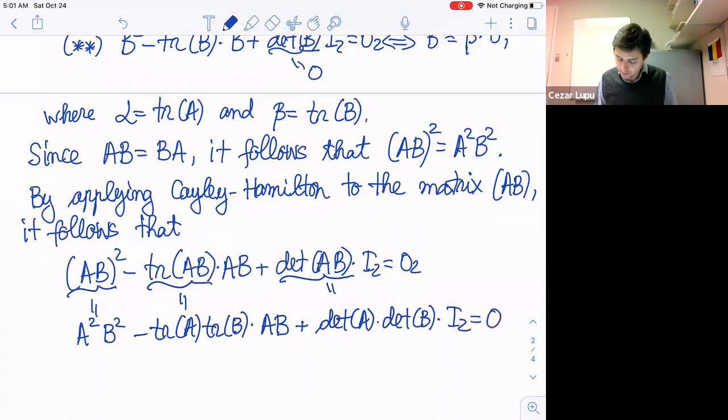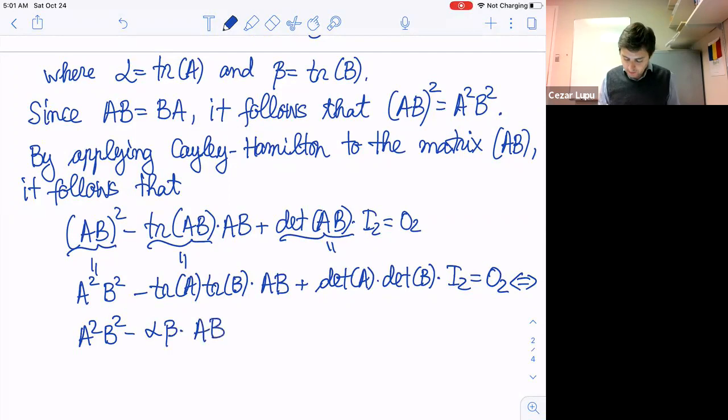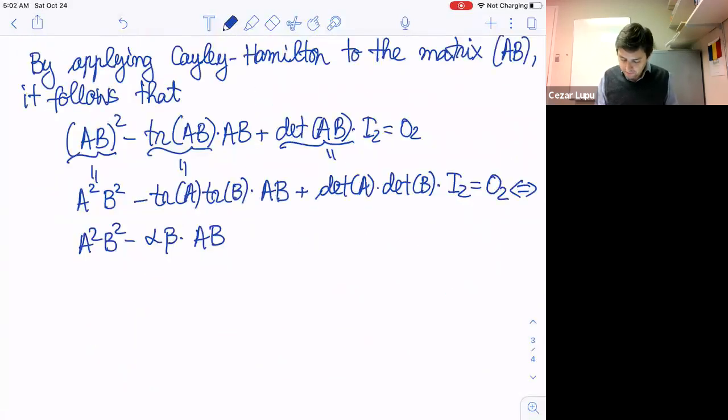This is the null matrix. And now let's rewrite this finally. So this guy here will be equivalent with A squared B squared minus alpha beta times AB. And one of these two guys, I think it was the determinant of B was 0. So this guy was 0, so this will be 0, 2.